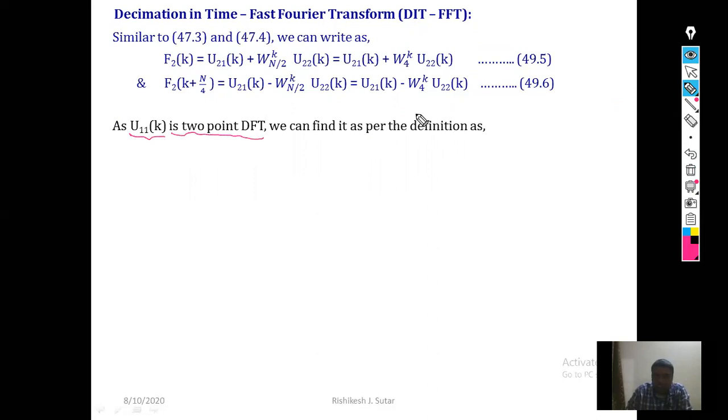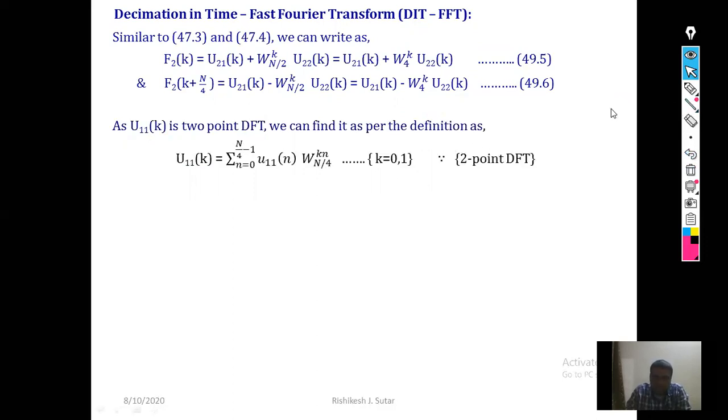so I can simply find it as per the definition. You can write the expression as u11 of k is equal to summation u11 of n w(k n) n by 4. Now n is 8, so 8 by 4 is 2, so it is a 2 point DFT. As it is a 2 point DFT, n runs from 0 to 1, that is 0 to n by 4 minus 1.